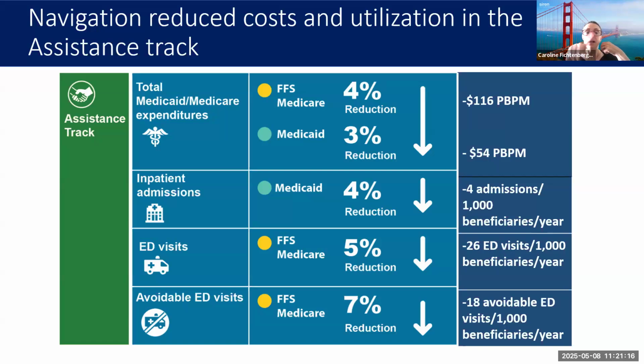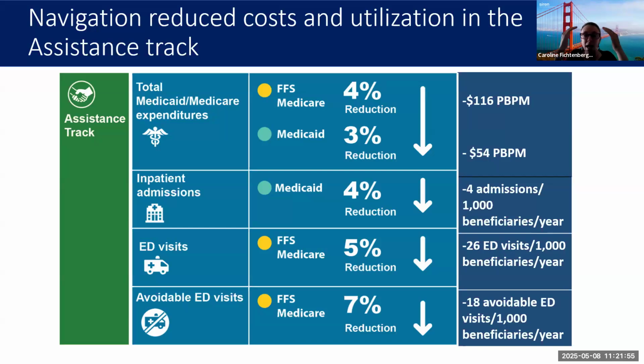This shows that for total costs in both the fee-for-service Medicare and the Medicaid population in the assistance track, there was a 3 to 4% reduction in costs, or a reduction of $116 per beneficiary per month for Medicare, and a reduction of $54 per beneficiary per month for Medicaid. So pretty substantial. It doesn't seem like a big percentage, but over the population it adds up to substantial savings.